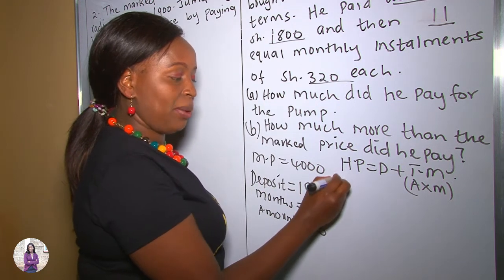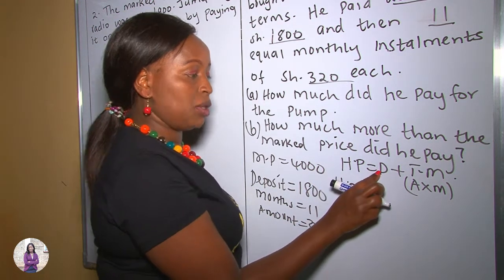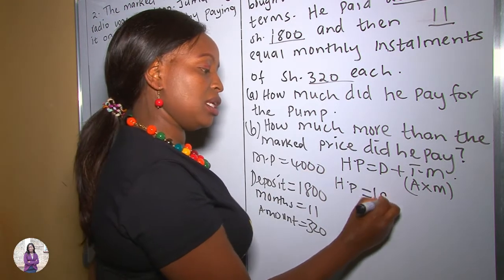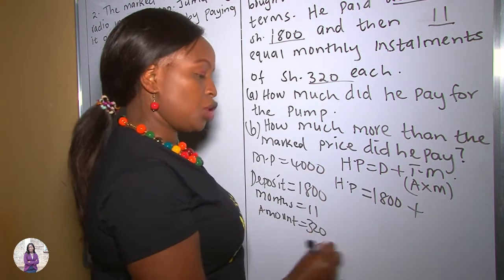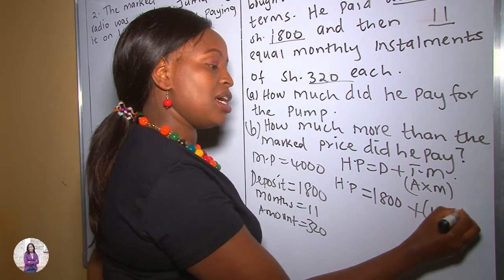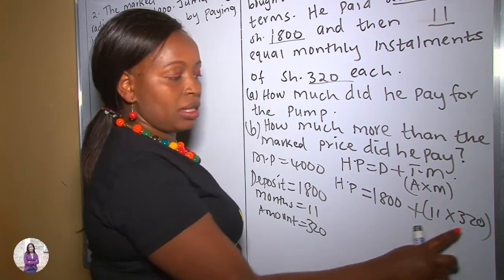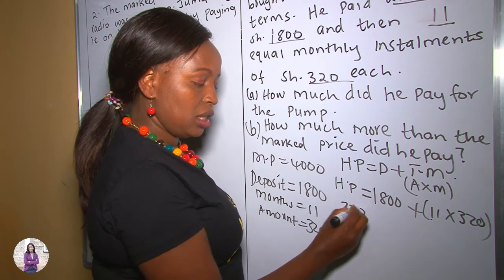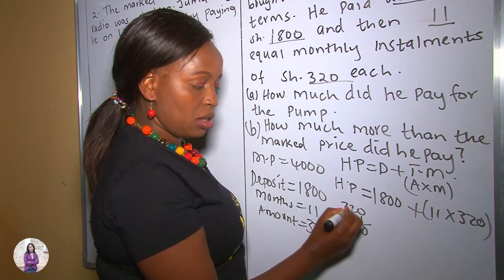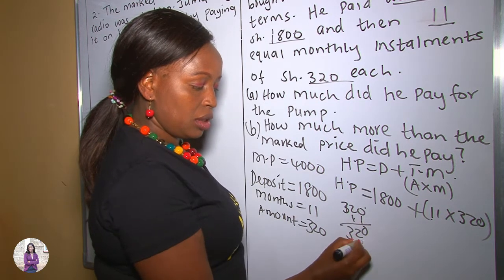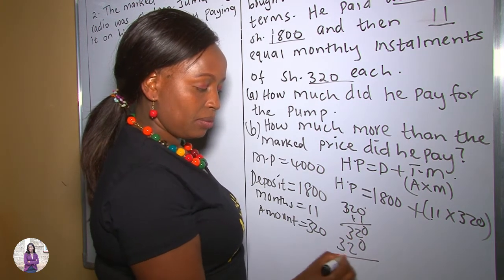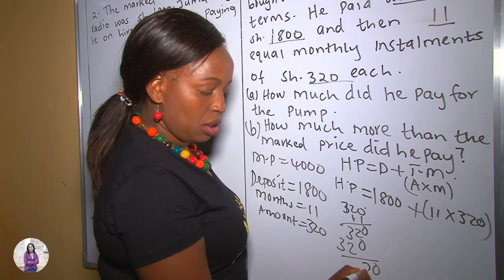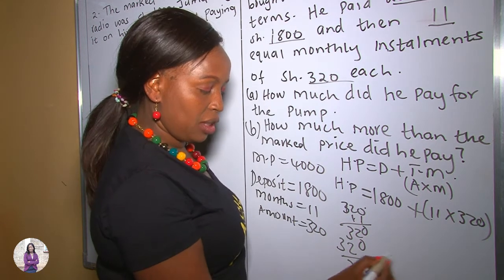So let's get the hire purchase. Hire purchase is equal to deposit, and our deposit is 1,800, plus total monthly installments of 11 times 320. So let's multiply this first. 320 times 11: 0, 2, 3 and 0, 2, 3. So we put this together, 0, 2, 5, 3.